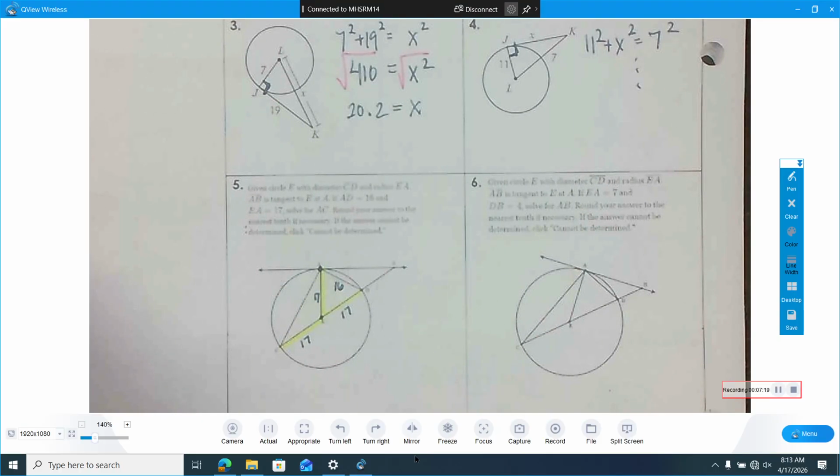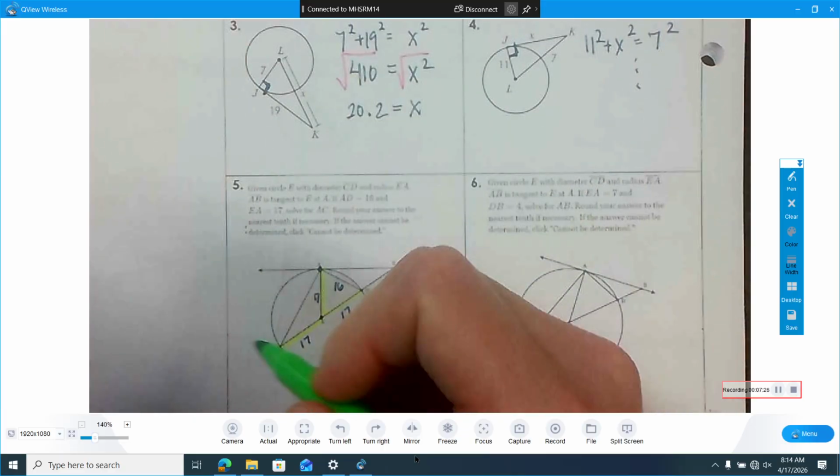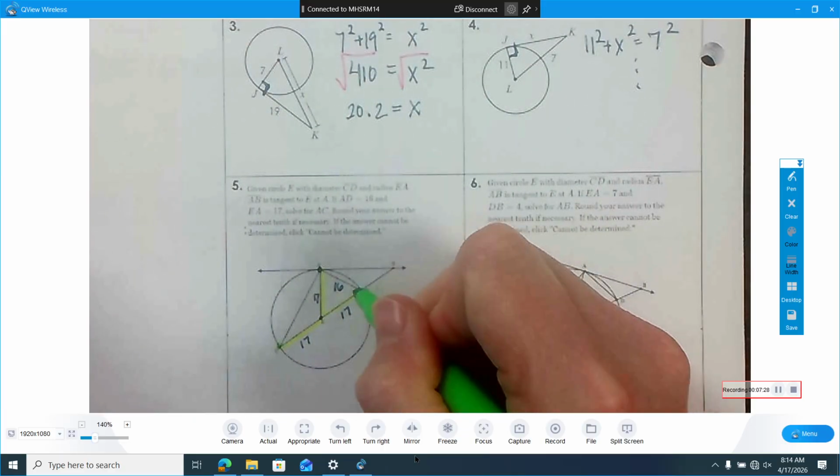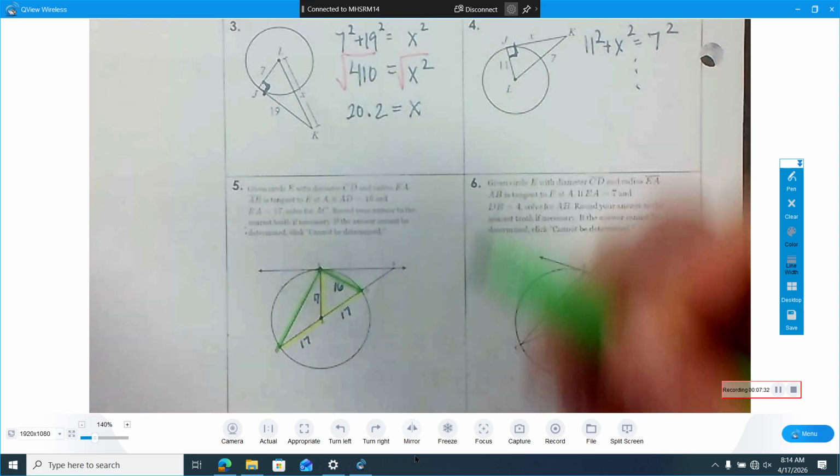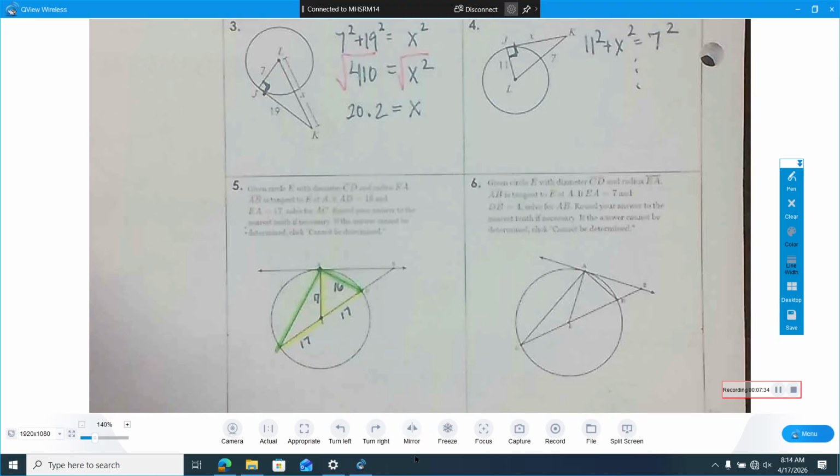So CD is a diameter, and I'm seeing this inscribed angle in green there. Do you see that inscribed angle? What's that angle measure on that green inscribed angle? 90 degrees.